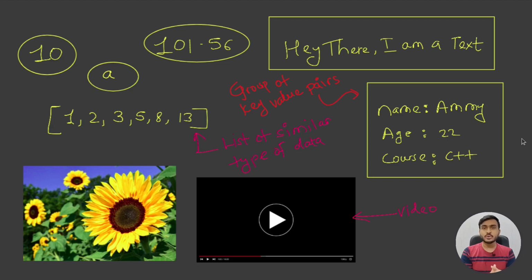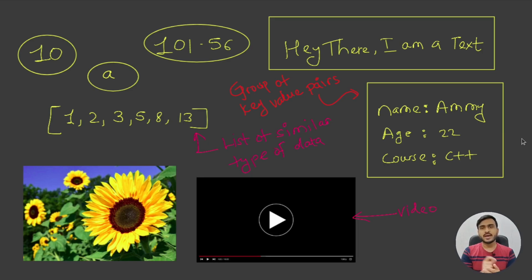So on my screen you can see I have written multiple values. If you see carefully, I have written 10, then small a, then 101.56, then "hey there, I am a text", then some sequence of numbers like 1, 2, 3, 5, 8, 13. This is a Fibonacci series, and then I have written key value pair kind of values.